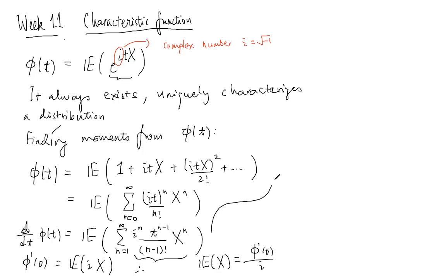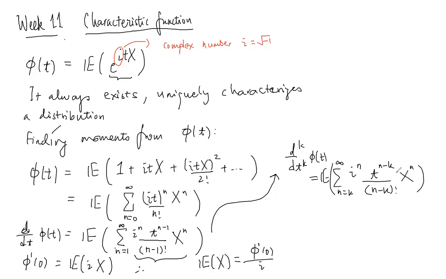It's very easy to see from here that if you differentiate it k times, you will end up with n starting from k, i to the power of n, t to the power of n minus k over n minus k factorial, X to the power of n.